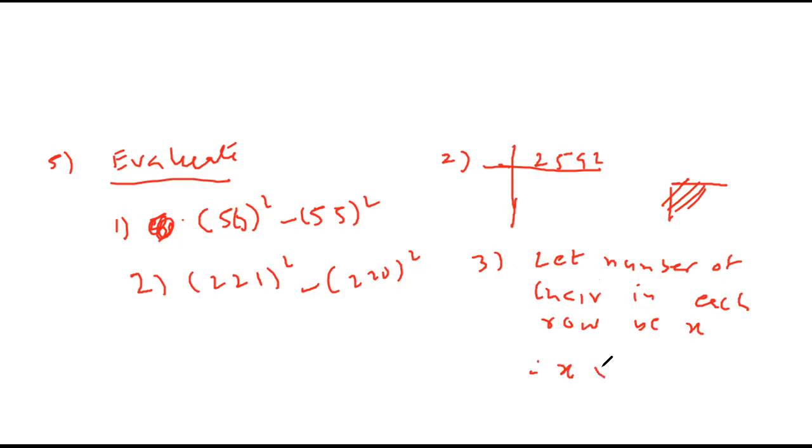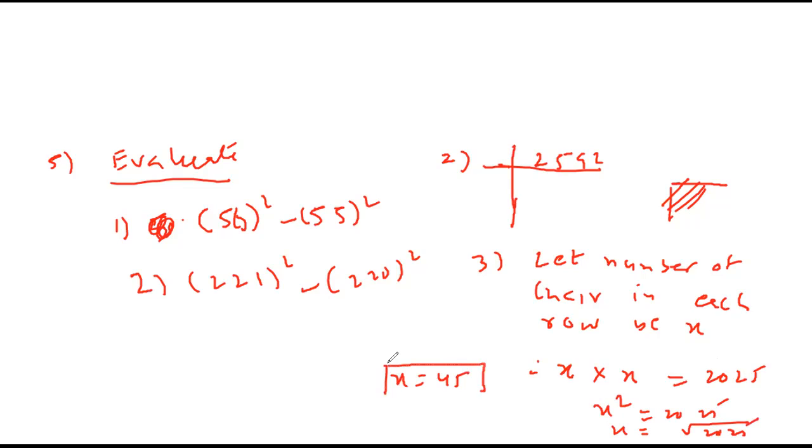Therefore, rows into chairs per row is the total chairs, equal to 2025. So x square is 2025. So x is the square root of 2025. Can you tell me the square root of what? 45. Yes, x equals 45.